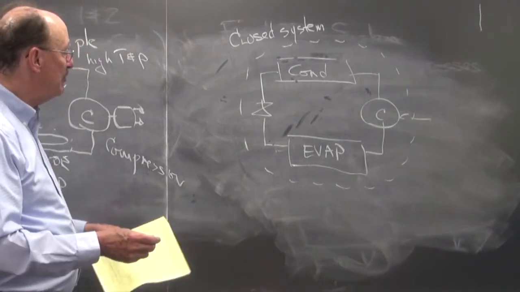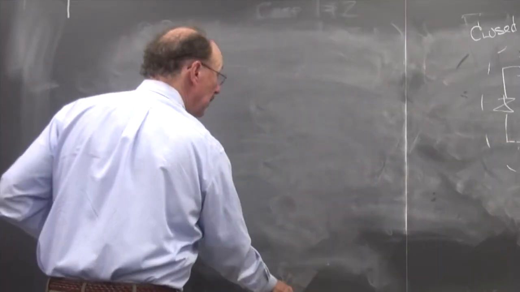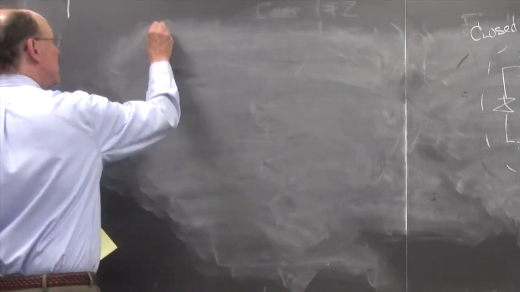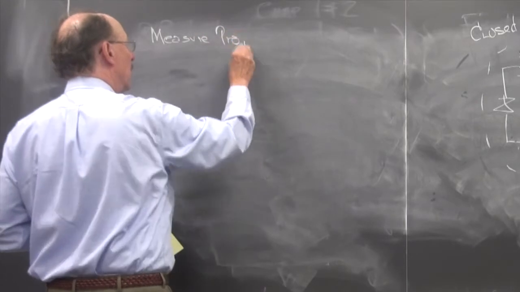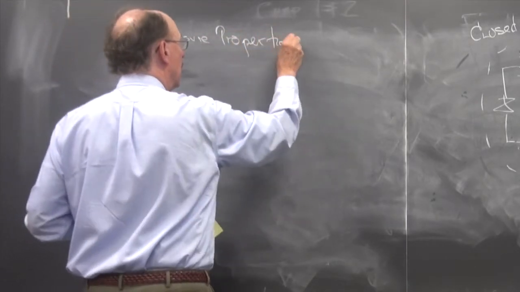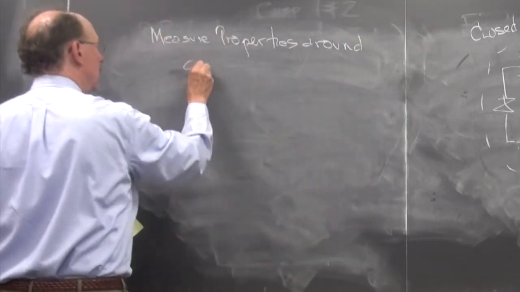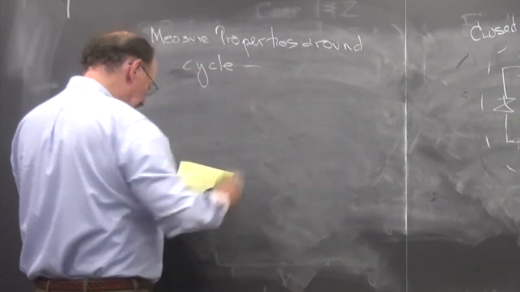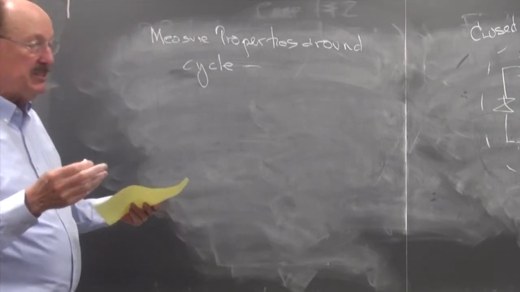And what happens is we can measure properties around the cycle. With this, we can determine the substance's state as it goes through there.